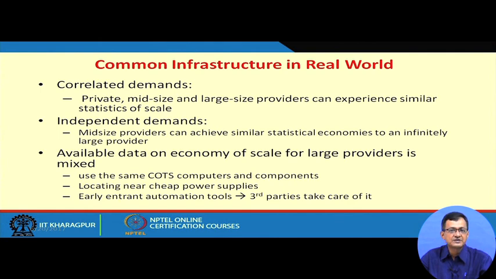So the peak comes at the same time, and then we have a problem. This is common infrastructure in our real world. With correlated demands, private, mid-size and large-size providers can experience similar statistical scales.